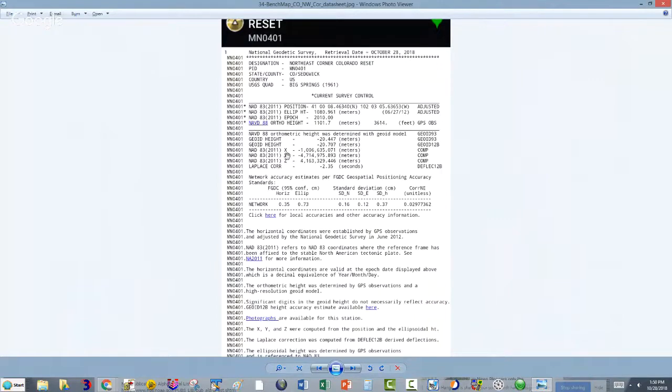You also have the Earth-centered, Earth-fixed X, Y, and Z position, which is obtained by GPS. And the position is published at these accuracy standards, 0.16 centimeters at a 95% confidence. So I refer you back to the other books on the list discussing positional accuracy. You can learn all about that. But it's there. It's basically everything you'd want to know about that survey marker.